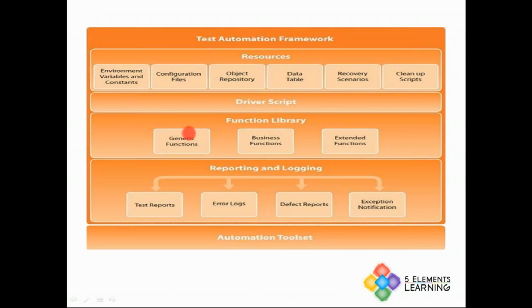The function library takes care of generic functions, for example, string handling, mathematical functions, file handling functions, etc. Business functions which are specific to the application, extended functions which are taking care of the third party tools like talking to the external data sources, Bugzillas, etc. Then the reporting and logging layer, where you have reports, logs, defect report and exception notification available. All these layers lie above any underlying automation tool set. So this is the basic architecture of any good test automation framework.